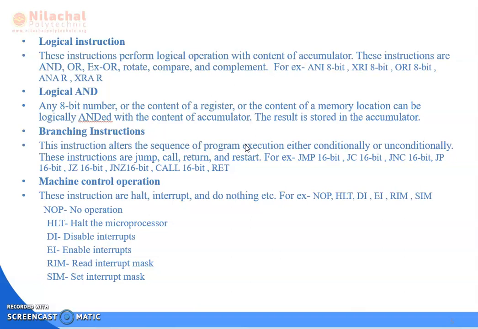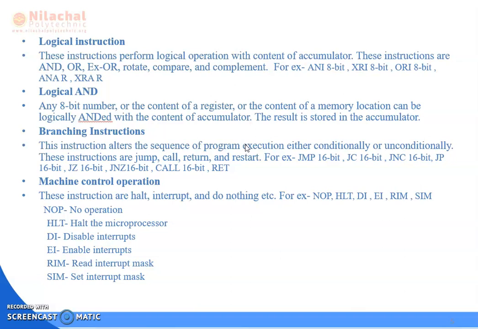Next, ORI 8-bit means OR the 8-bit data with the content of accumulator immediately. Next, logical AND. Any 8-bit number or the content of a register or the content of a memory location can be logically ANDed with the content of accumulator. The result is stored in the accumulator.